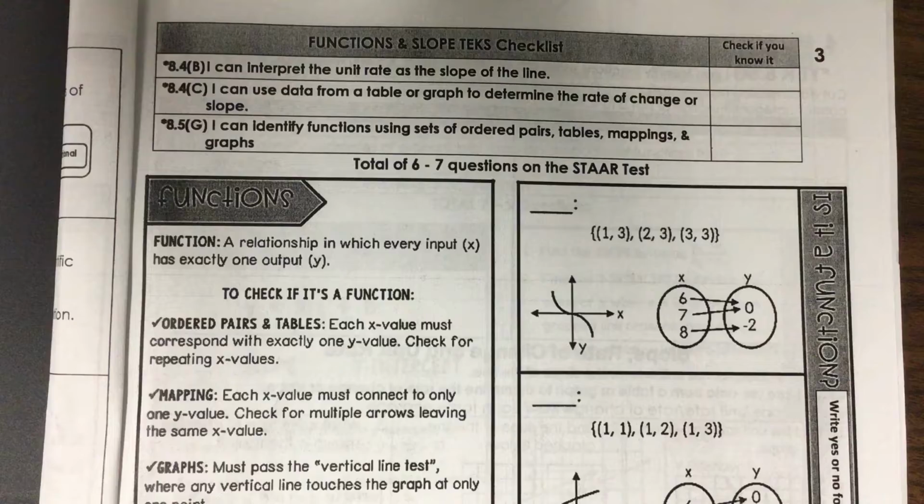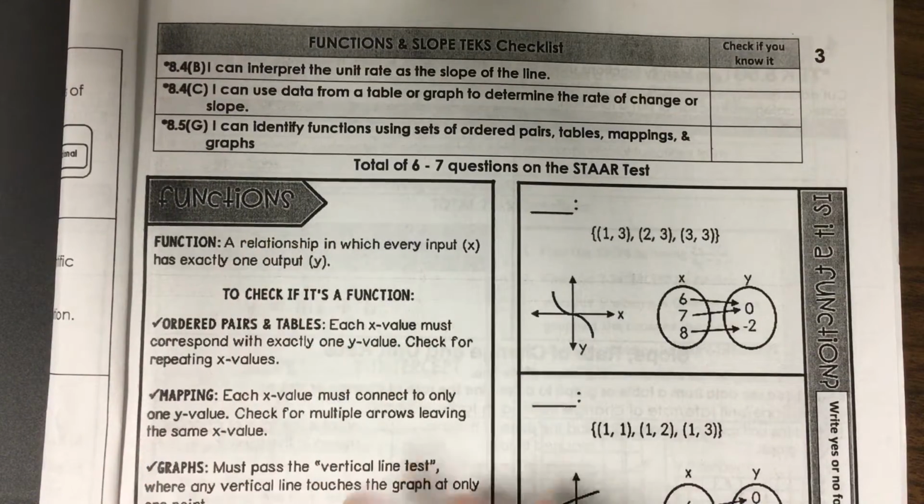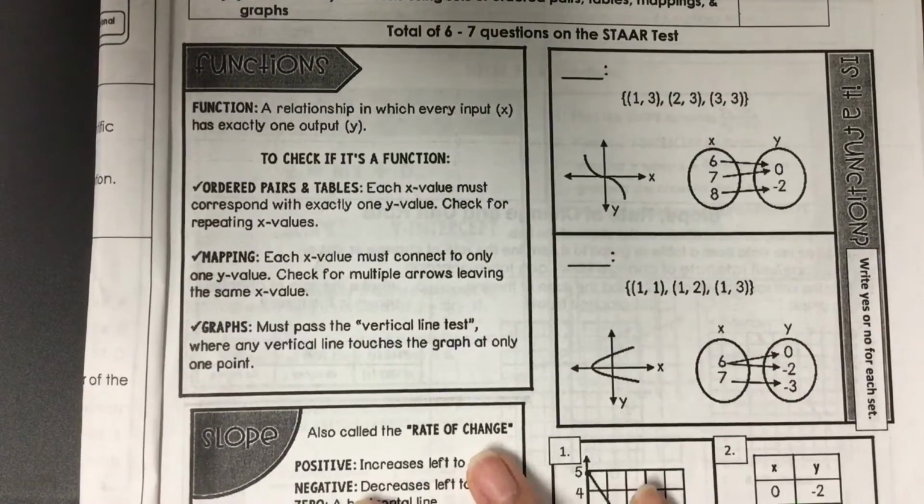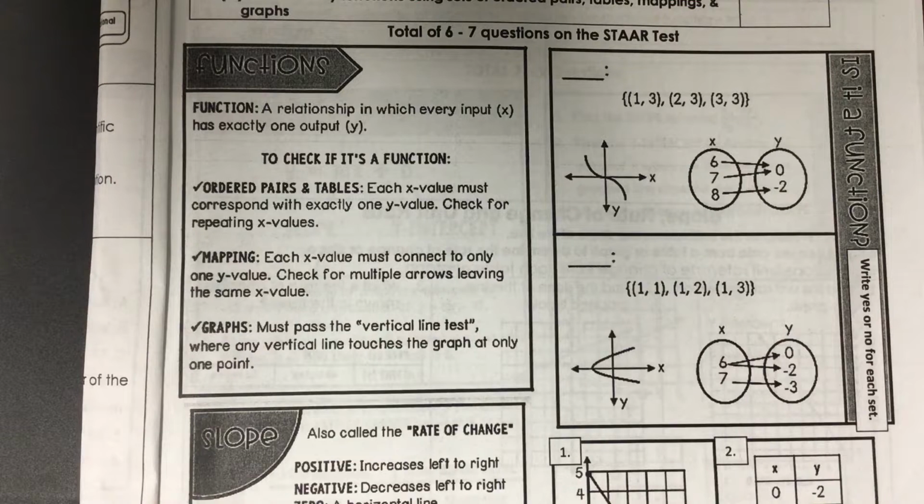So we're going to start off with functions. This is our first unit, the first topic we're going to be focusing on. A function is a relationship in which every input x has exactly one output y. To check if it's a function, there are a couple different ways depending on the representation.